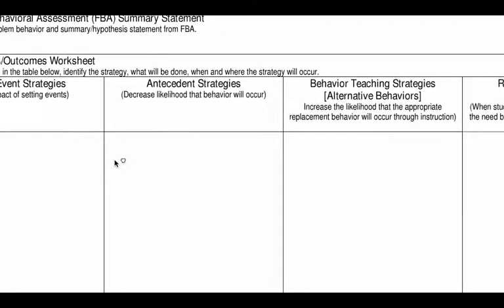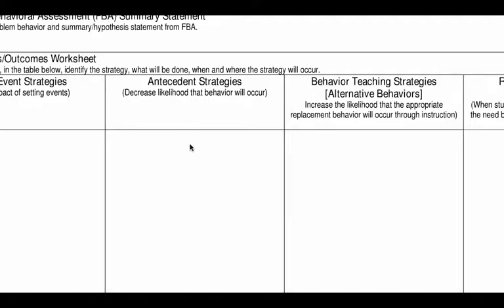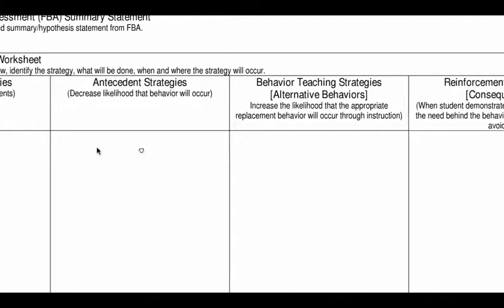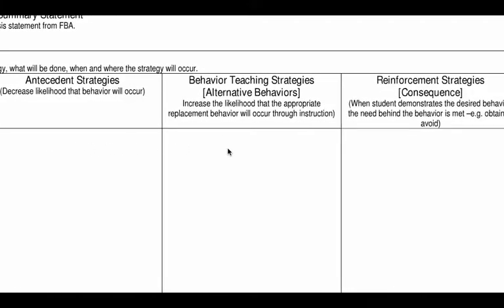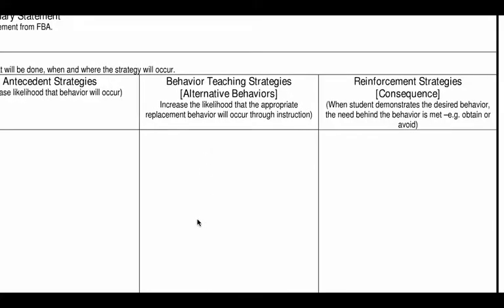And then all your antecedent control strategies are mapped out. And then your behavior teaching strategies, what you're doing to teach alternative behaviors. Do you have a functional communication training process in place? Are you using the picture exchange communication system? Are you teaching the individual to use good communication as an alternative to the maladaptive behavior?